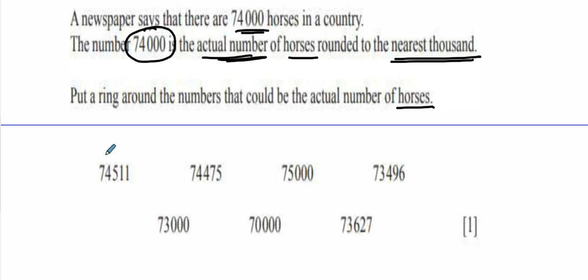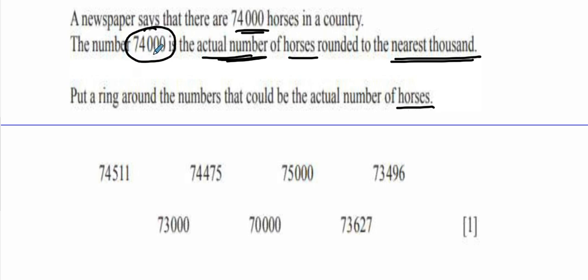Okay, now let us round this number to the nearest thousand and see if we get the answer 74,000.